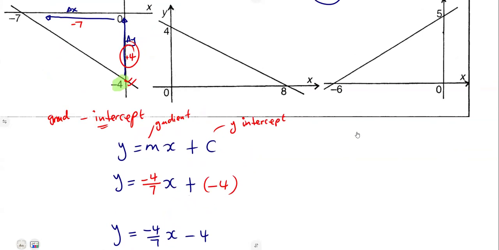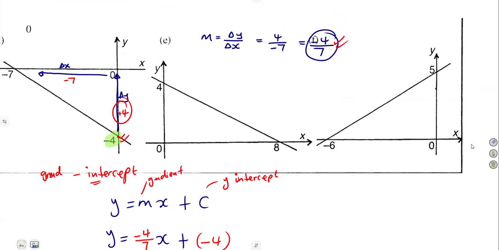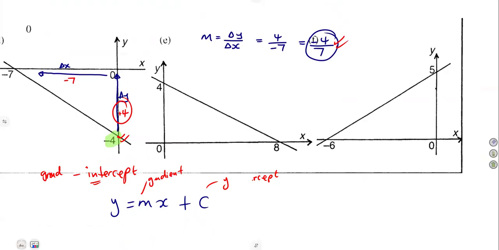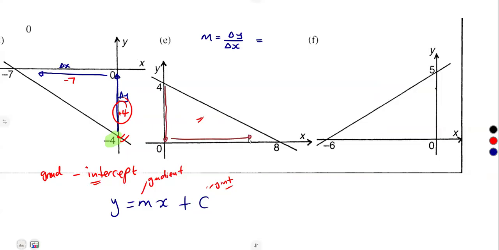All right, so let's use that to find the equation of the second line, using this gradient intercept form. So I'm going to use that on the second line. So on that line, the gradient is the change in y over the change in x.